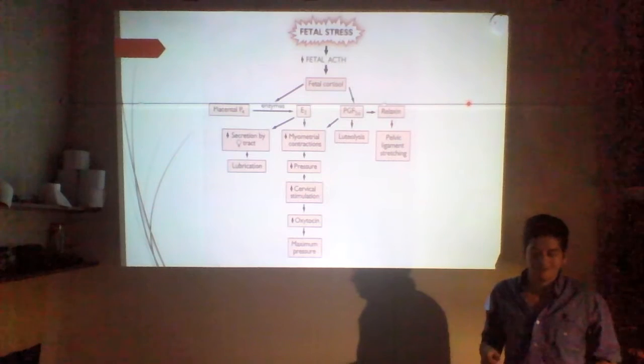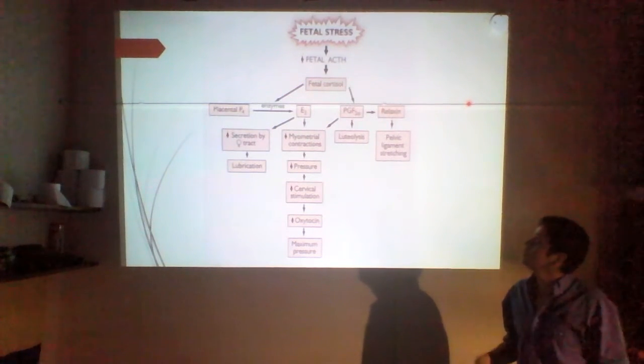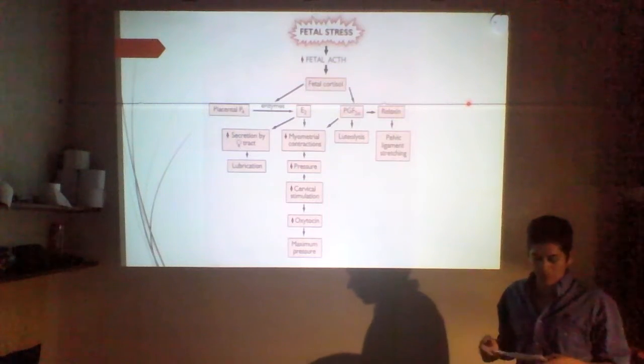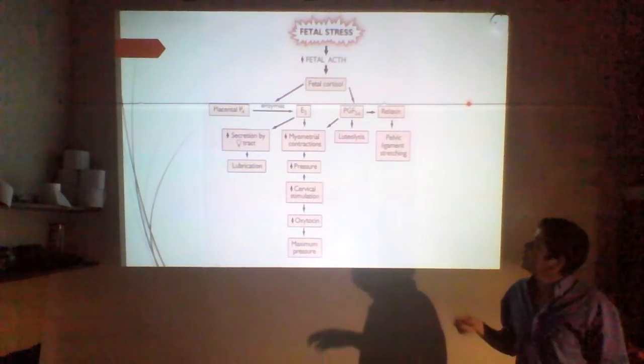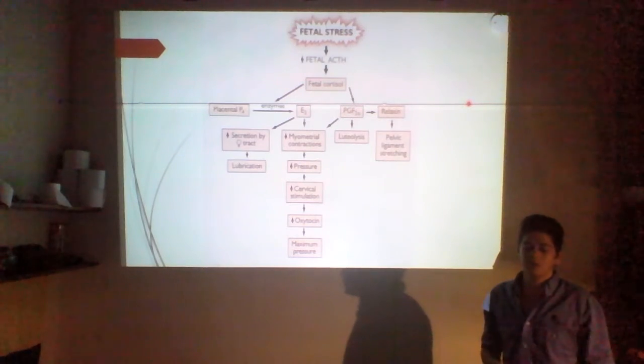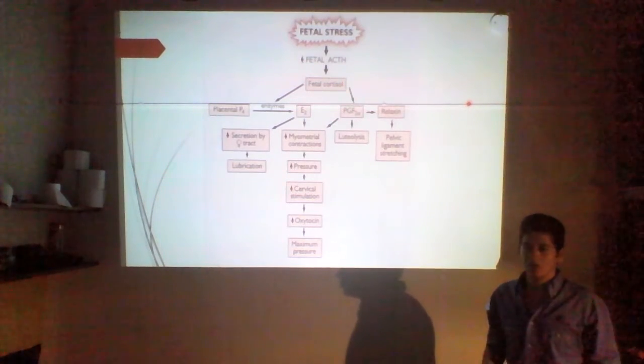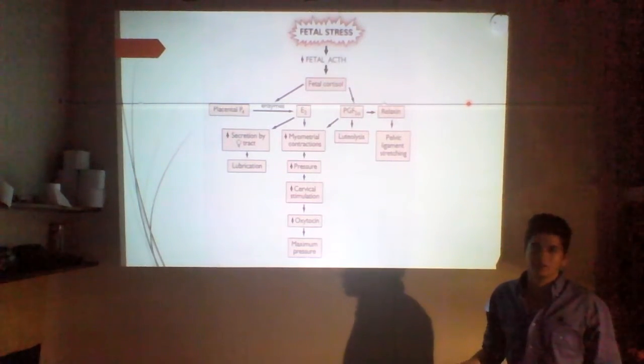Well, talking about the parturition, it's when the fetus is already ready to go out from the pregnancy.